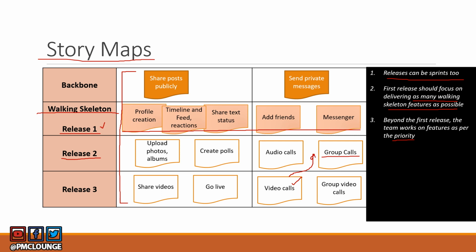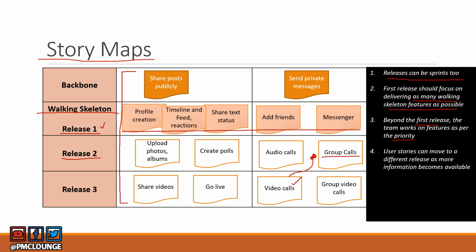So this actually has higher priority, video calls have higher priority as compared to group calls, and it is possible that video call as a feature moves to release 2 from release 3. So that is something which is possible because like I said earlier, beyond the first release, the team is going to work on features as per their priority.